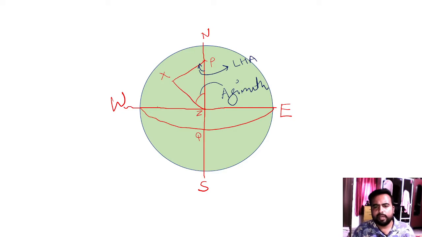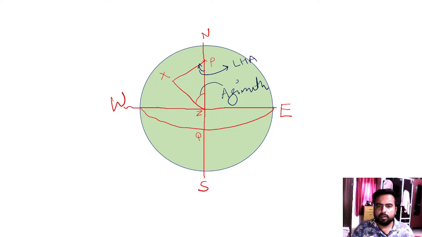You already know Simpson's rule, so you can apply it if any of the sides is 90 degrees. If the body is on the prime vertical, you can easily apply Simpson's rule. If it is not on the prime vertical, then you can apply the cosine formula. Easily you can do that.